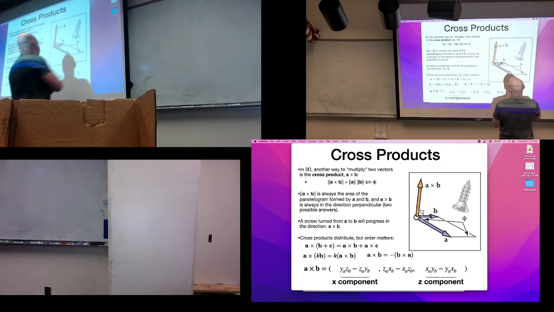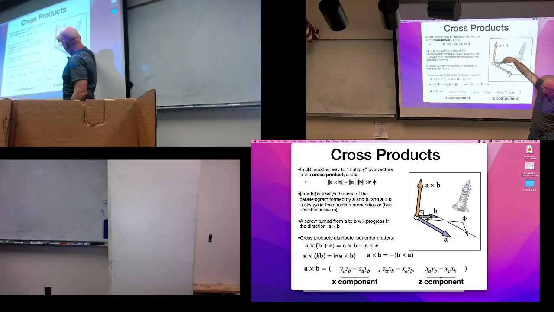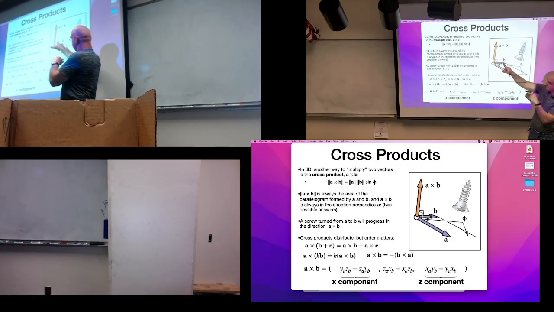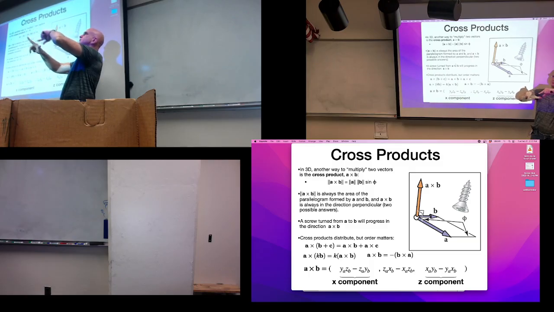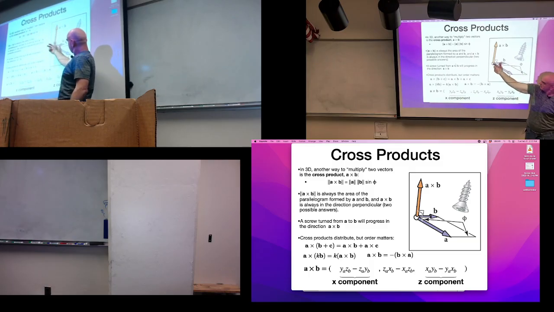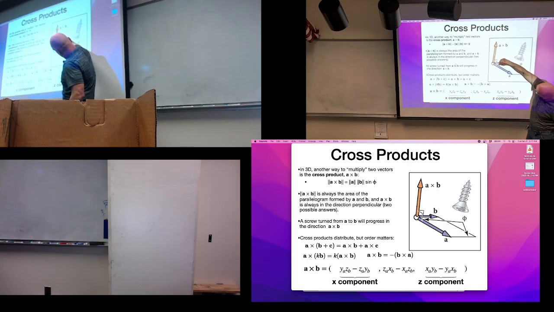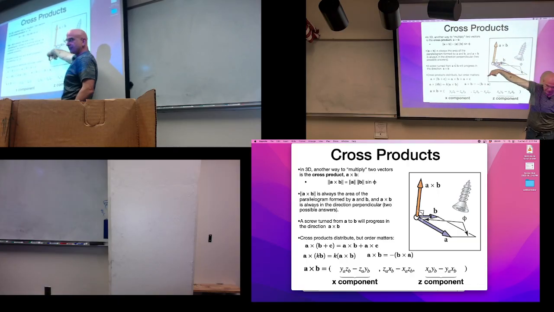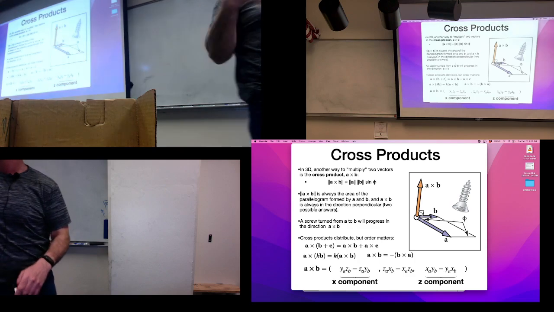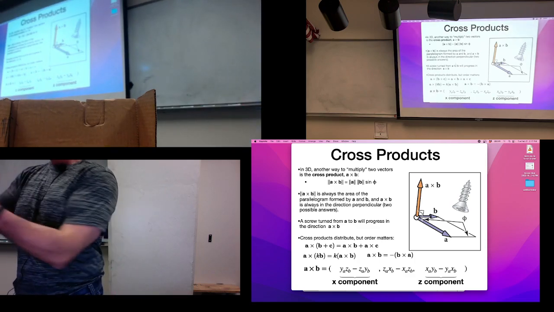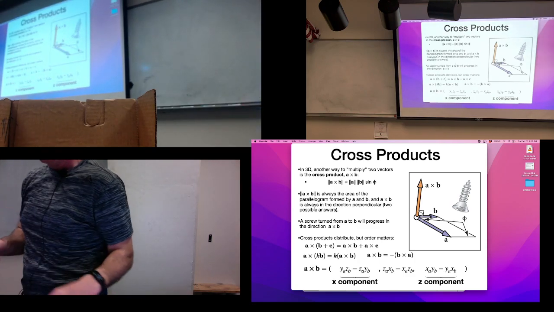And for B cross A, by the right-hand rule, if this finger is B and this finger is A, then think about the screw. I'm going from B to A, and the direction the screw goes, a normal screw, will penetrate downward. The opposite of this one. So A cross B and B cross A go in opposite directions.